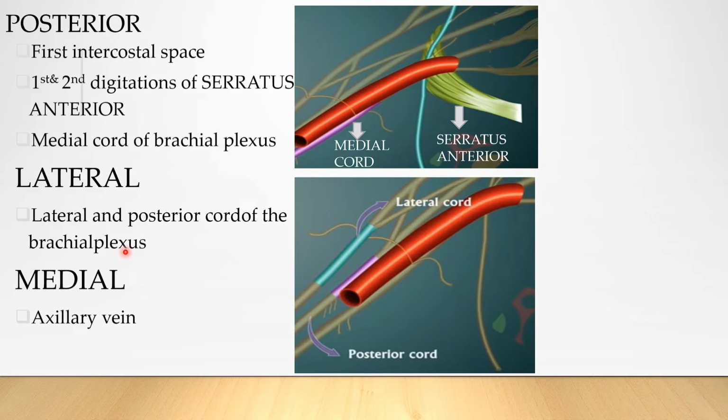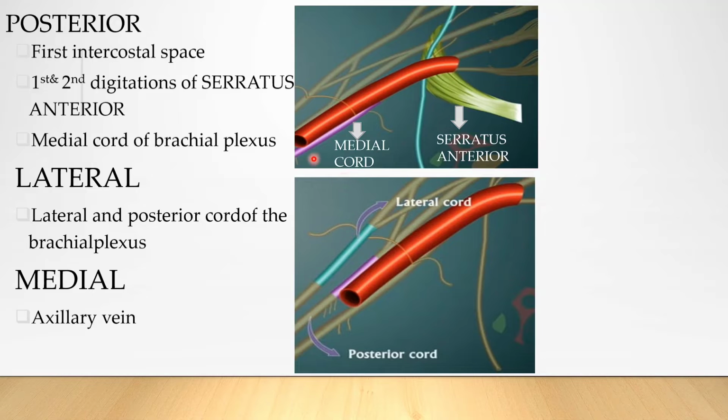See, in the brachial plexus, as we explained in the previous video, these are divided into three cords: lateral cord, posterior cord, and medial cord. These change their position according to different parts of the axillary artery. This we will explain in the next video.